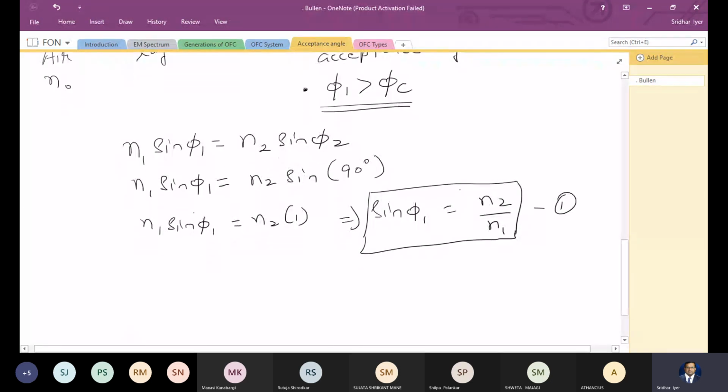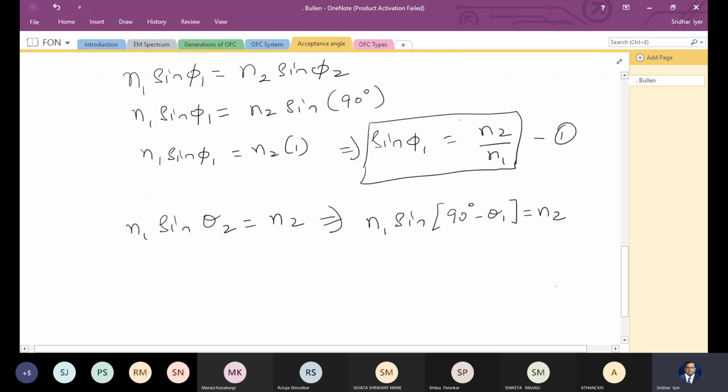Having done that, we can write an equation: N1 sine theta 2, which in terms of theta 1 is 90 degrees minus theta 1, equals N2.